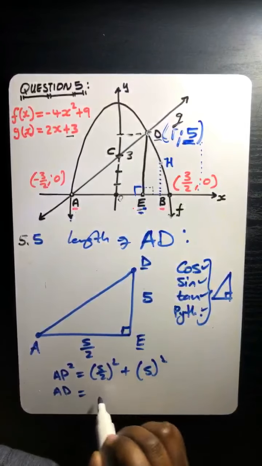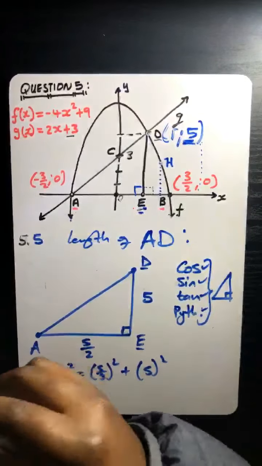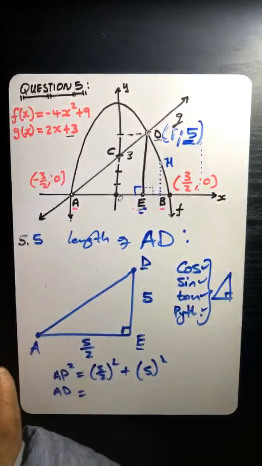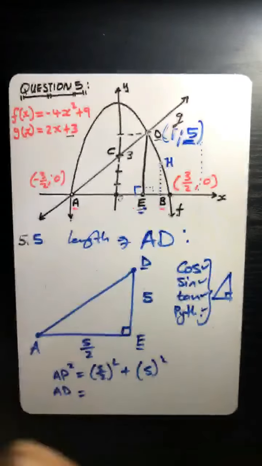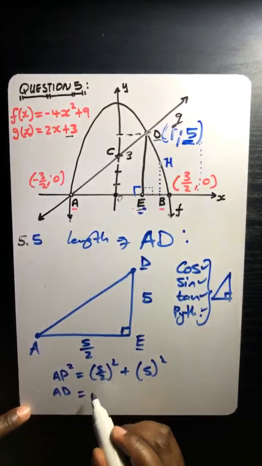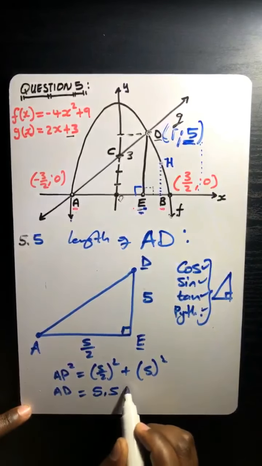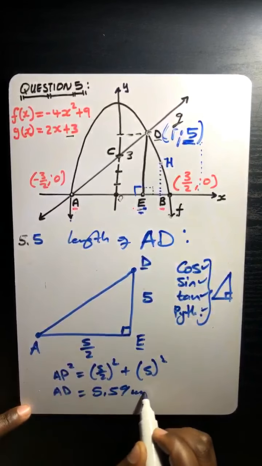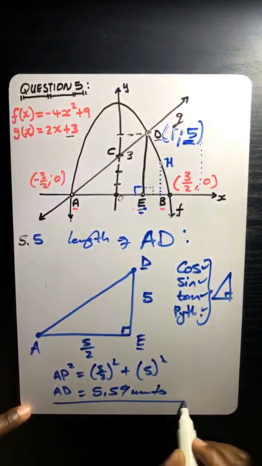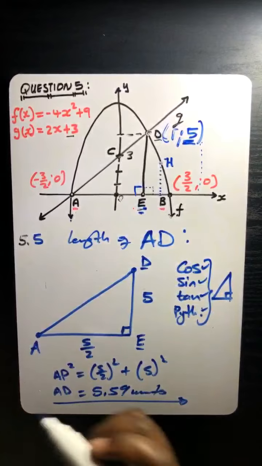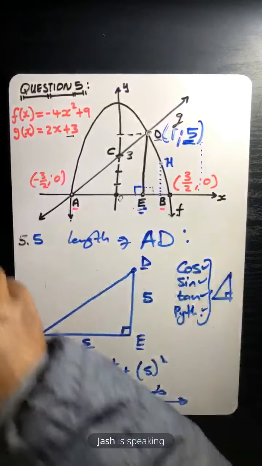What is AD? Let me quickly calculate. 5.59. What is it, Lerato? 5.59 units. Did you guys also get the same answer? Same answer, sir.